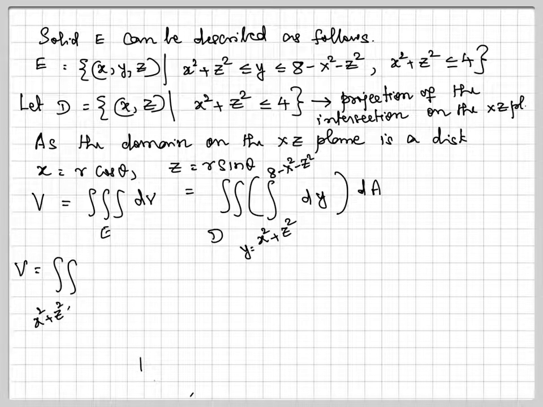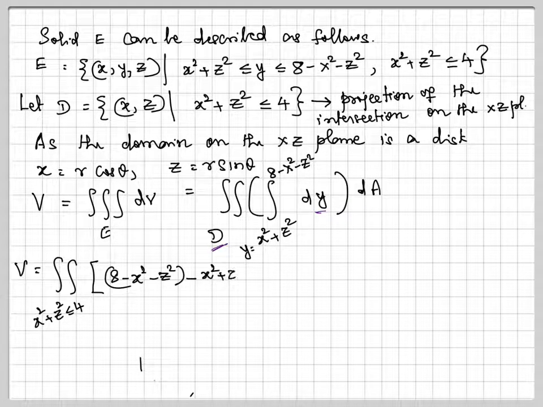So V is the double integral, where this domain can be replaced by x squared plus z squared less than or equal to 4. And then the integral of dy is y. At the upper limit, it is 8 minus x squared minus z squared. Subtract the lower limit, which is x squared plus z squared, followed by dA outside.